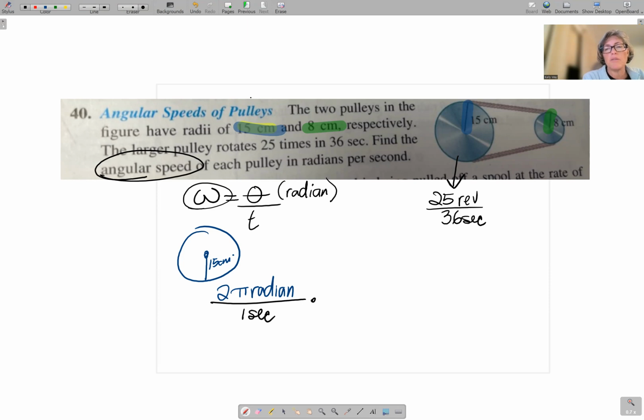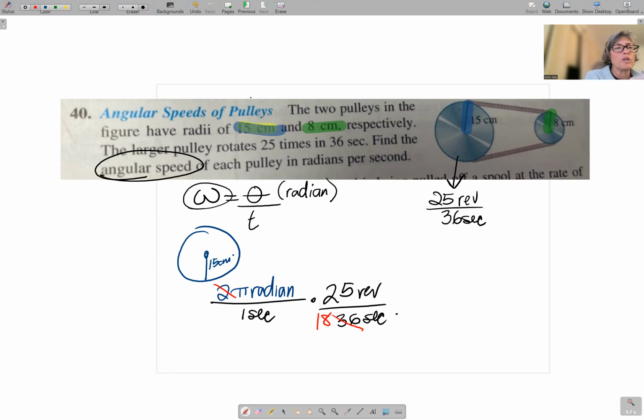And we're going to be timesing that by what we're given, which is 25 revolutions for every 36 seconds. The 2's cancel. So this changes to 18.